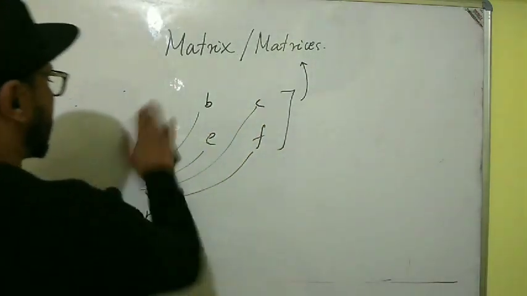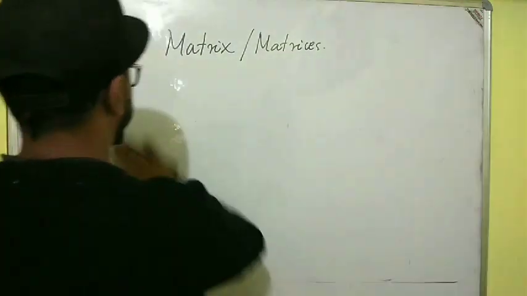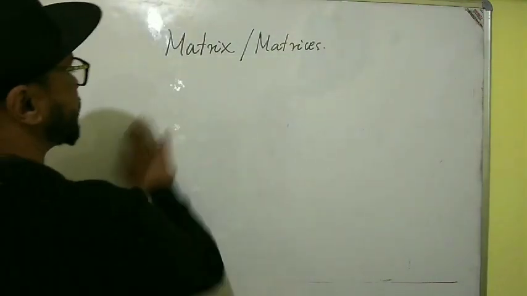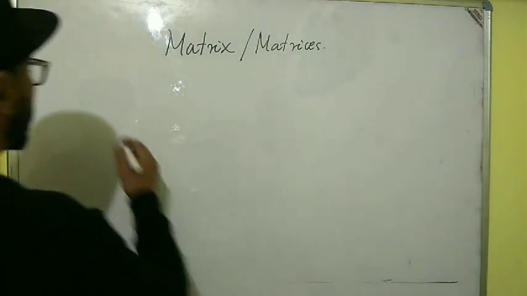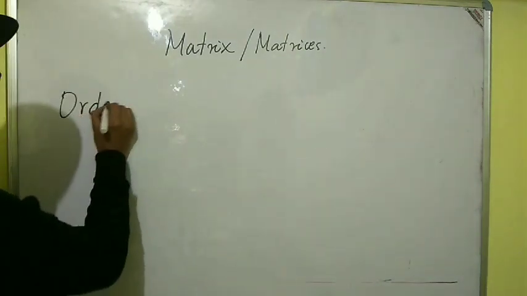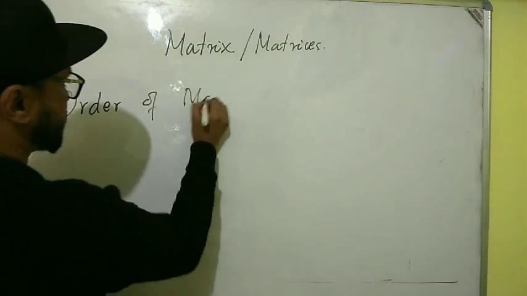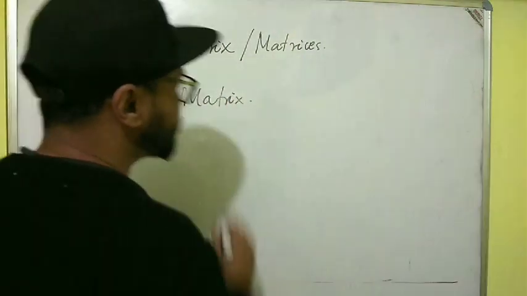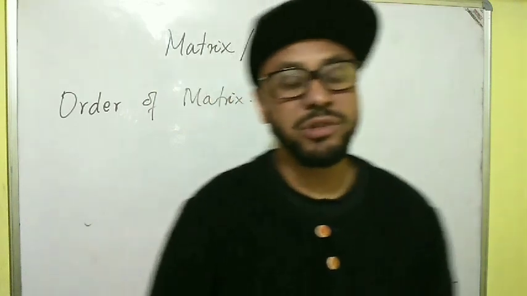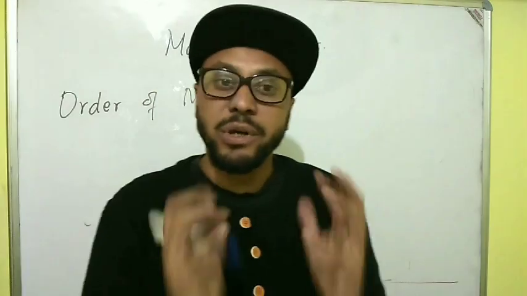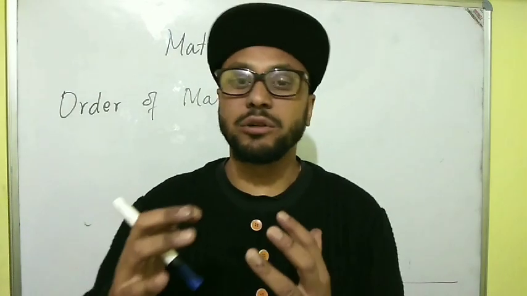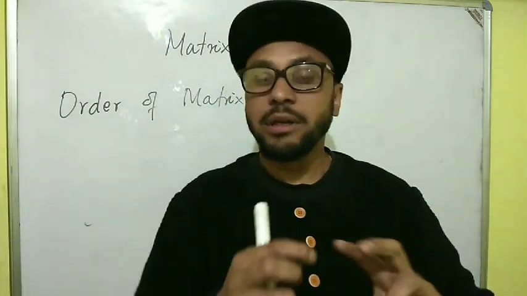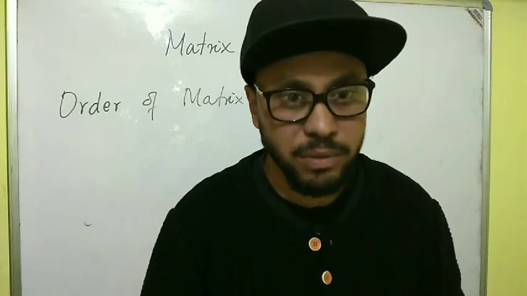Now we'll discuss the types of matrices, but before that, first we'll discuss the order of a matrix. The order of matrices is very important because to add, subtract, or do any calculation, the order of the matrices has to be the same.